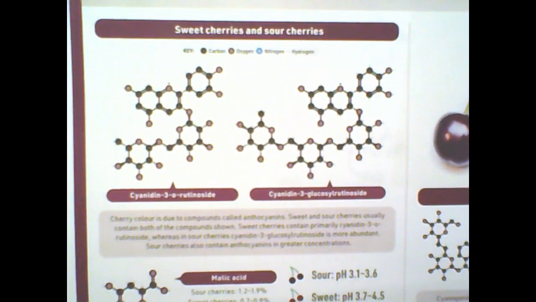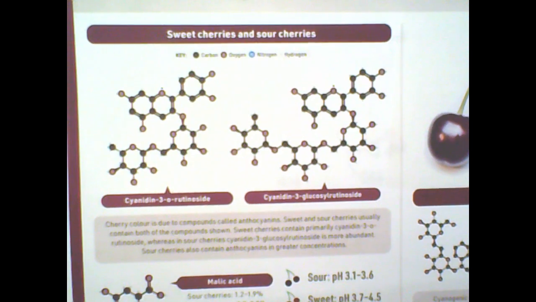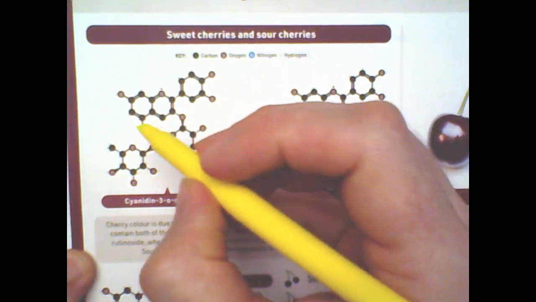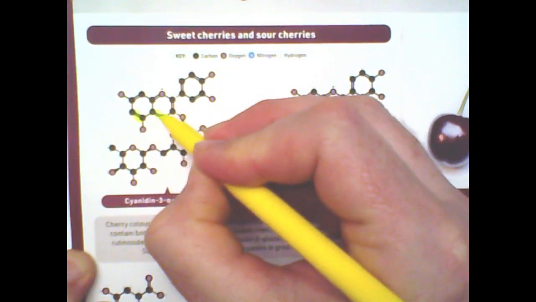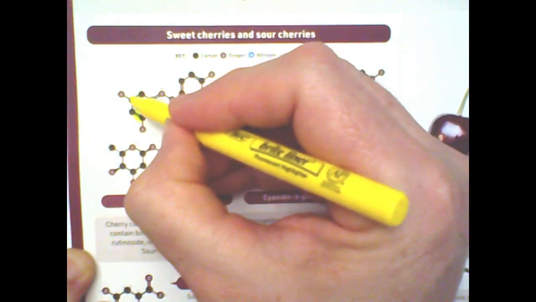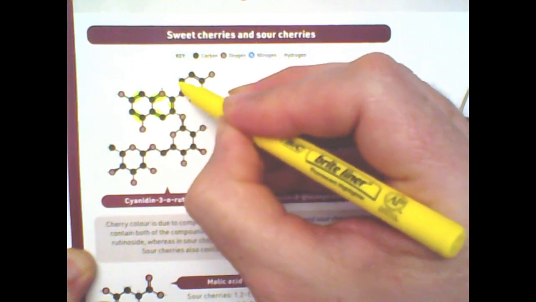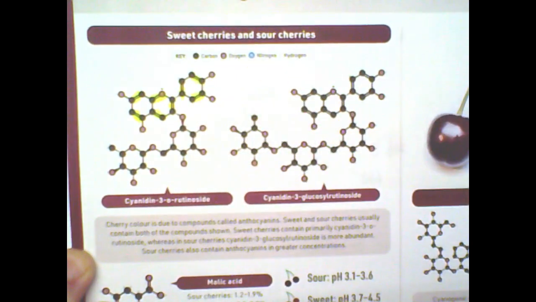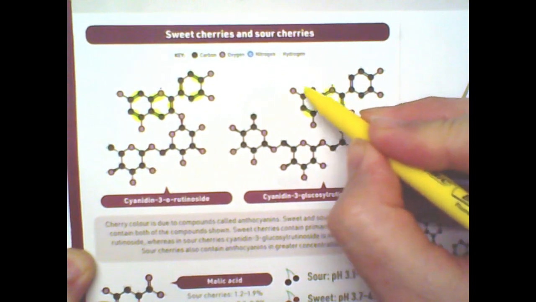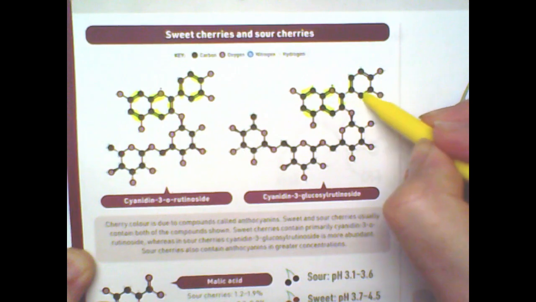Let's look at these. There are a lot of 6-membered rings. Not all of them are sugar rings. You'll notice double bonds in a number of places. These are aromatic groups.